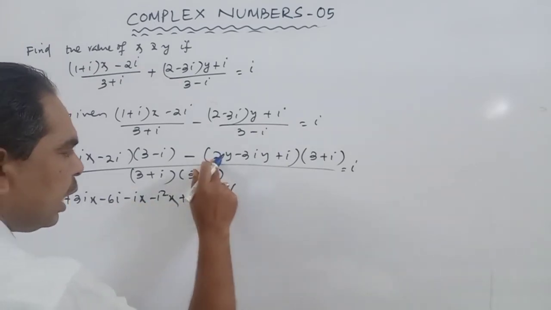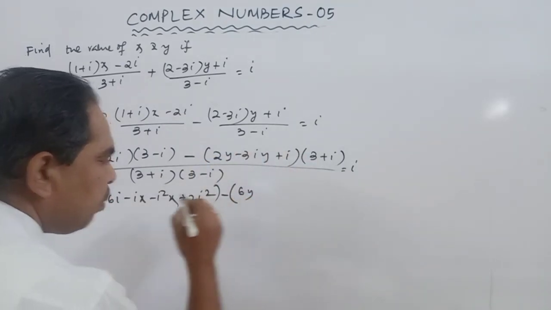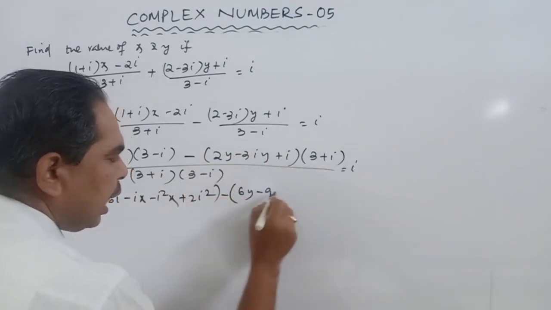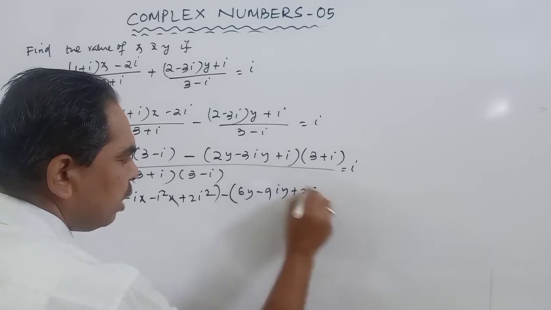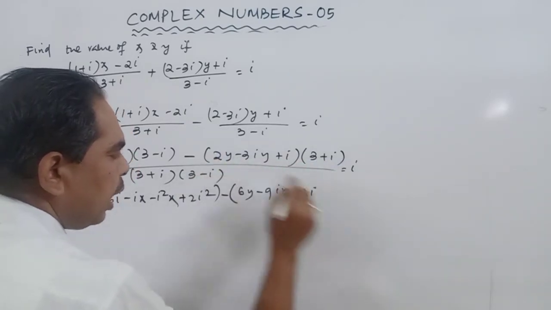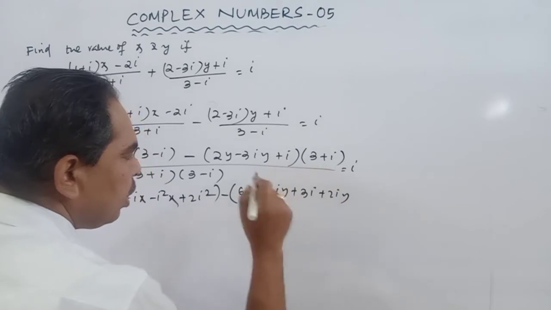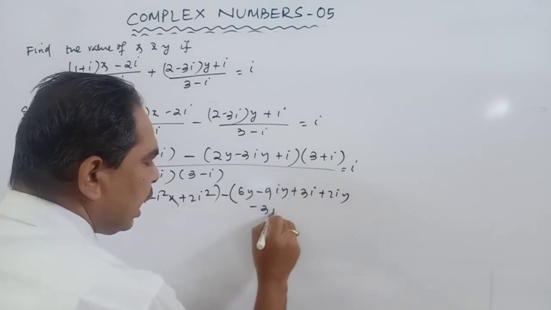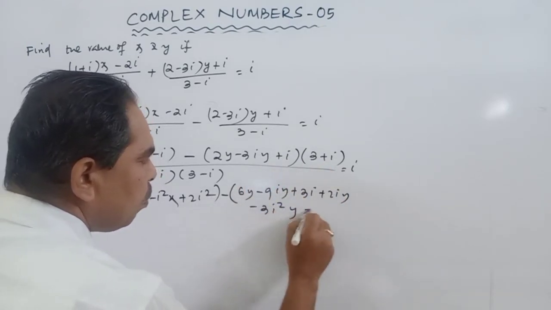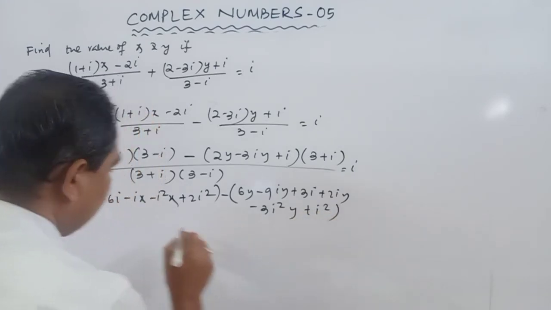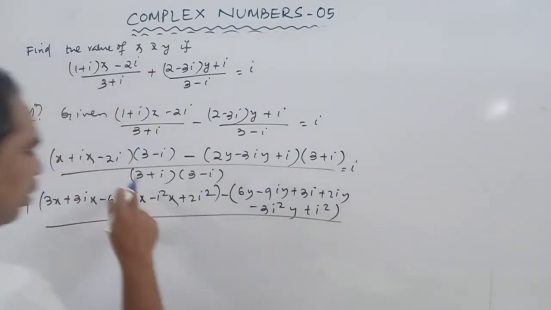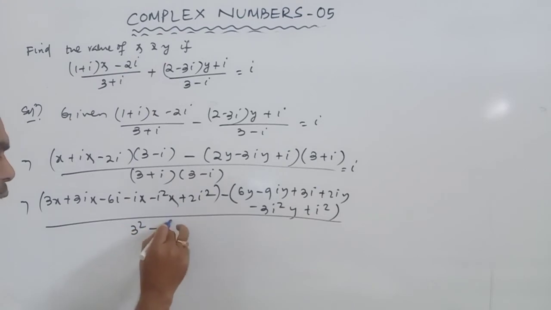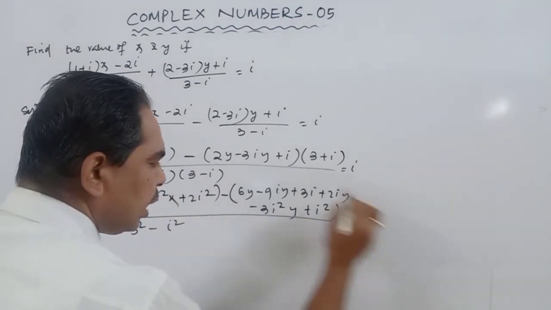Minus again 2i into 3, 6y minus 9iy plus 3i plus 2iy minus 3i square y plus i square, whole divided by 3 square minus i square, is equal to i.